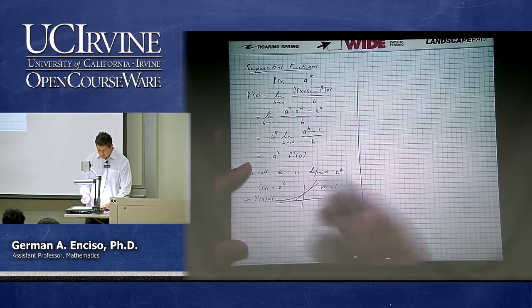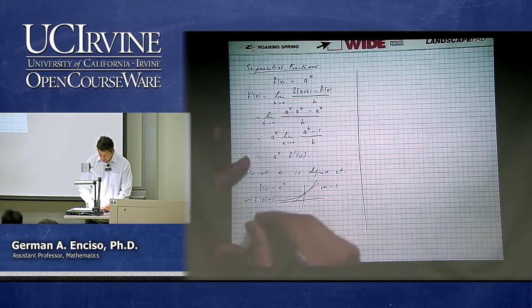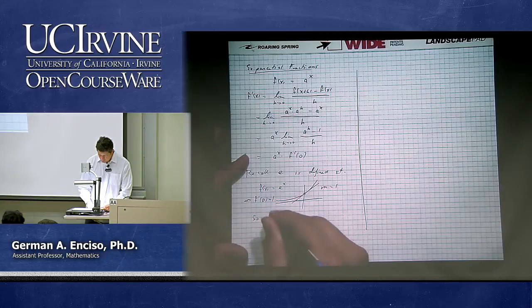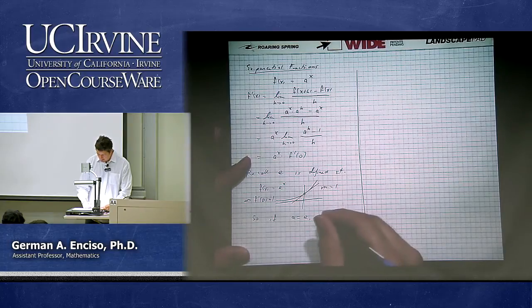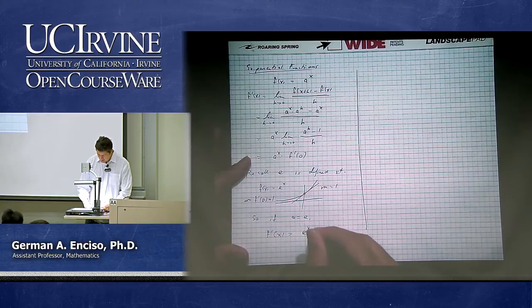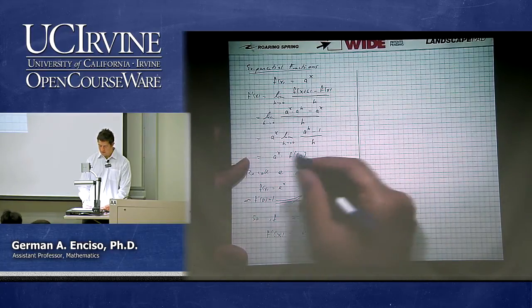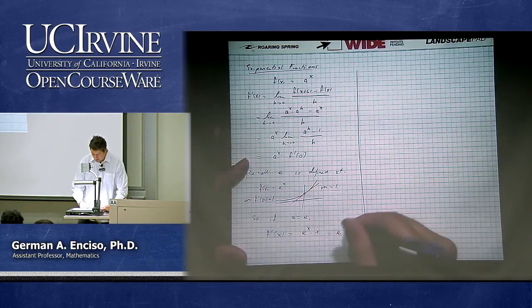So we have this very interesting, or at least surprising, formula: if a is equal to e above, then f prime of x is equal to e to the x times 1, because f prime of 0 is equal to 1, which is equal to e to the x.